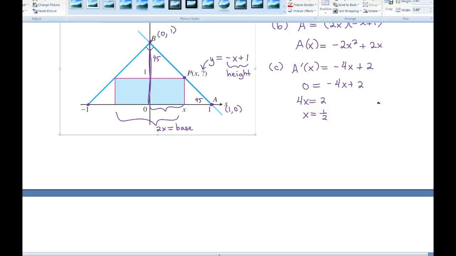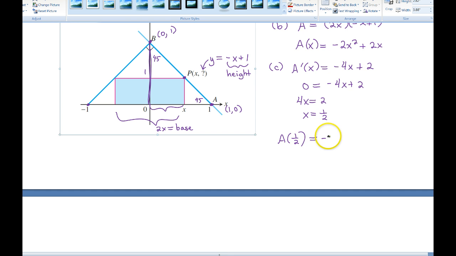So if we're looking for the largest area, if x is going to be 1/2 here, we can just plug in 1/2. And let's see, what do we get when we plug in a half there? Negative 2 times 1/2 squared plus 2 times 1/2. Oh, we get a half.